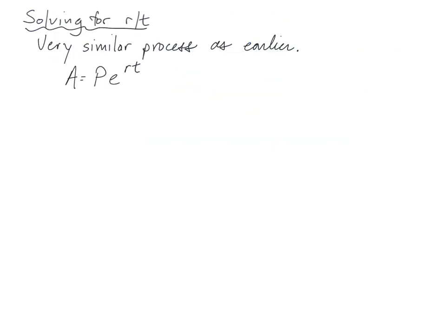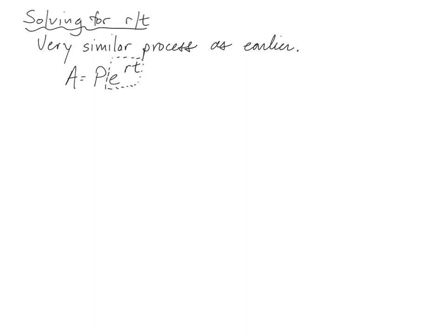I want to take a few minutes to discuss how to solve for R and T in the continuous compounding situation. This is very, very similar to what we looked at earlier with the compounding interest formula. So here we have the exponential piece, and if we don't know R or T, then the variable will be in the exponent.